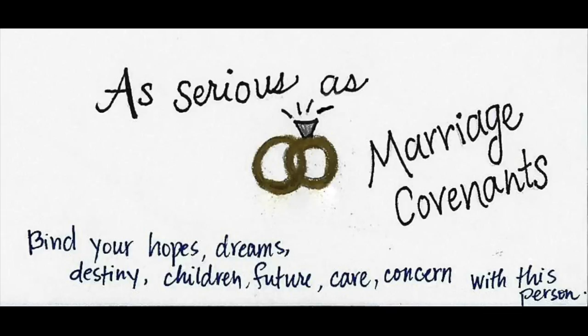In fact, it's the place where you bind your hopes, your dreams, your destiny, your children, and your future care and concern with this other person. And this is what these people in the house of Israel were doing with their covenants to God. They were binding up their lives with their God. And should this covenant be broken, serious consequences would ensue. And they knew this going into the covenant.